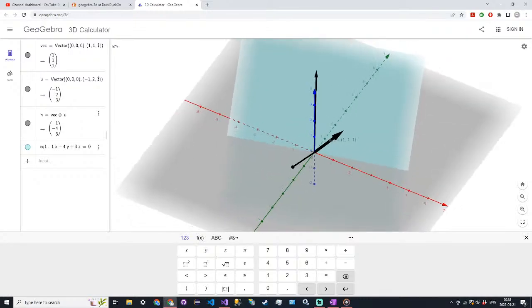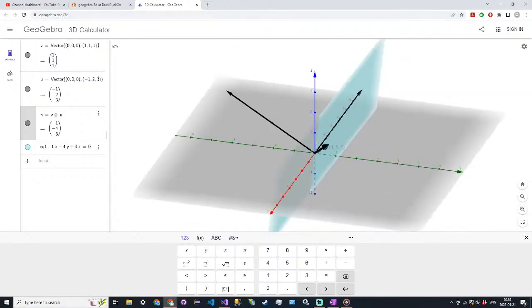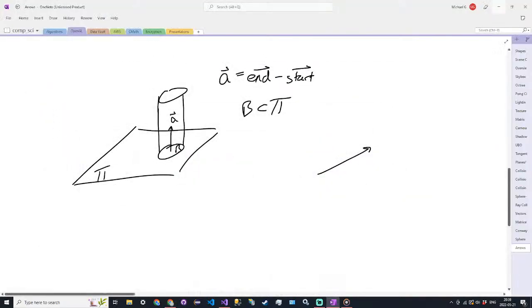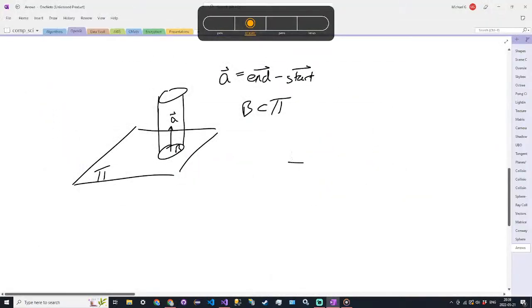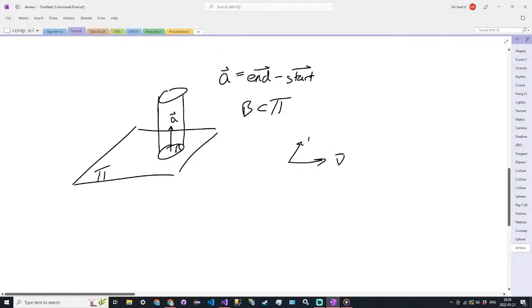You just have to believe me here, but if we take a linear combination of the vectors, we'll call this vector v actually, so v and u, then I can say that pi is just defined as all the points a v plus b u, where a and b are in the set of all real numbers.